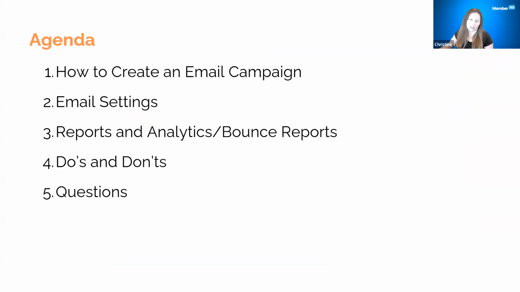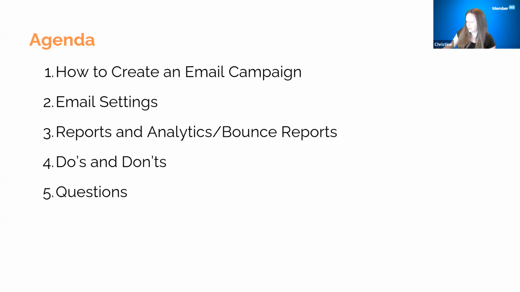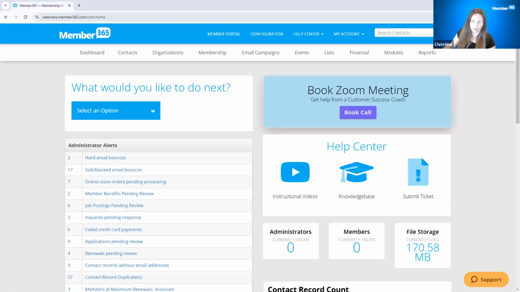And then we'll look at your analytics pages as well as the bounce reports and the purpose behind those. And then I'll review those do's and don'ts that I mentioned throughout, and maybe a couple that I don't. And then we'll go through questions. If you have questions throughout, just post them in the Q&A because I sometimes will see them and answer them as we go. So let's dive into Member 365.